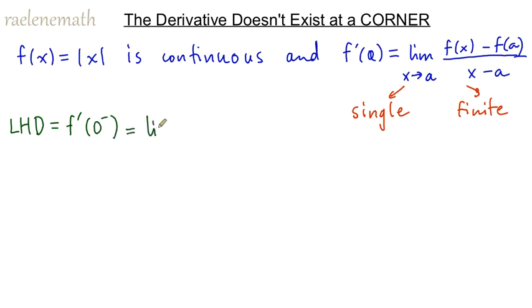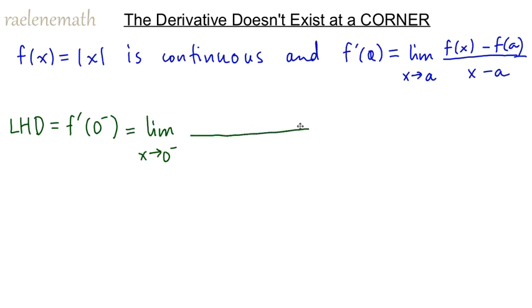Now what this means is the limit as x approaches 0 from the left of the secant slope. And I'm just going to remove these here so I have a little bit more room. We recall that the secant slope is given by y2 minus y1, so f of x minus f of 0 all over x minus 0. Now f of 0 is specifically the y-coordinate when x is 0, and on the absolute value graph that's 0.